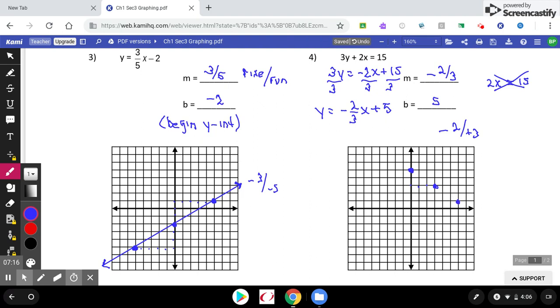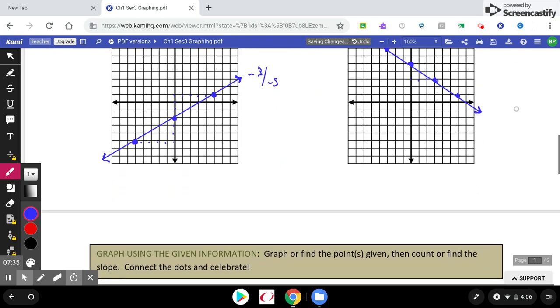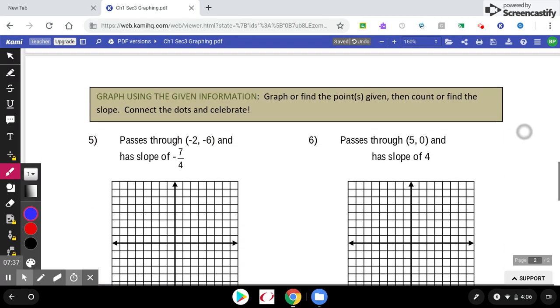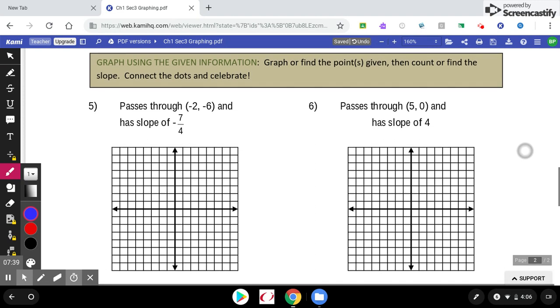And you could do that all day long. I can go the other way. And they're all going to line up. So let's connect them up. Let's not be lazy and put arrows on the ends. And we got it.